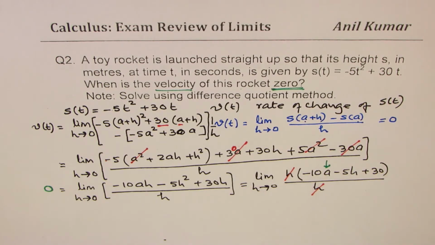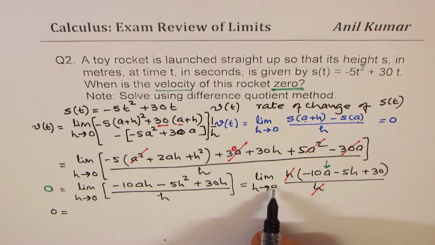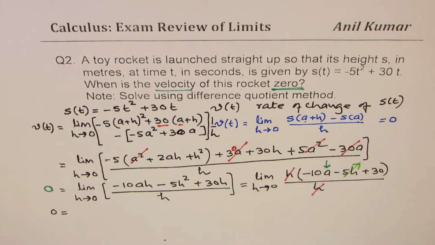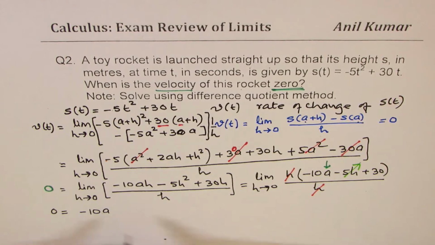That's the whole idea. So we'll write 0 equals to, when I substitute 0 here, that term becomes 0. So this approaches 0. Is it okay? So we are left with minus 10a and here plus 30. So that gives you 10a equals to 30, and from here you can find what a is, right?